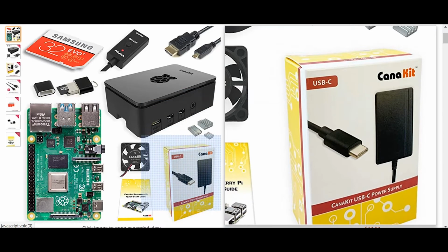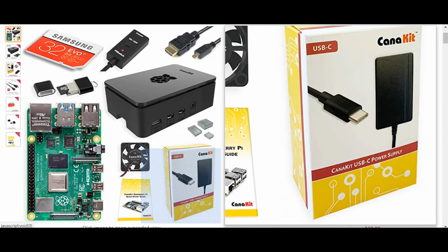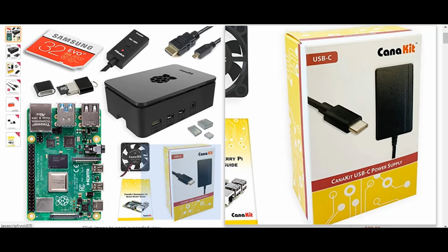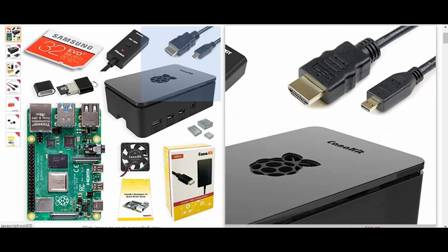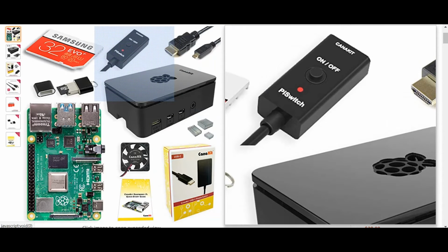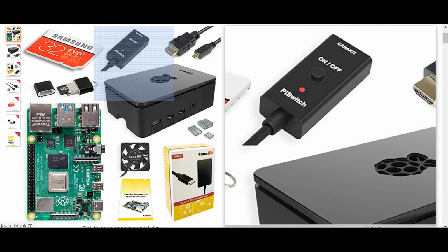And a very important piece here is the power supply, which, this model is really fitting the minimum requirements to have the best performance of the Raspberry Pi. We have the HDMI cable, and a very nice power switch to switch it on or off.